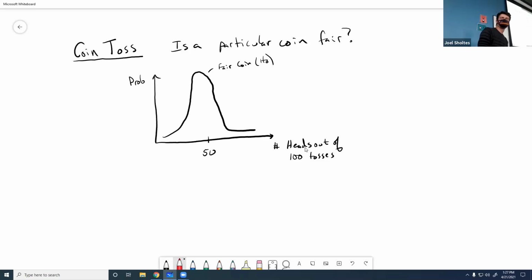But say we did this a bunch of times and we ended up with a distribution that looked like this, and it was centered around 60. So this is our alternative hypothesis. Coin is unfair.